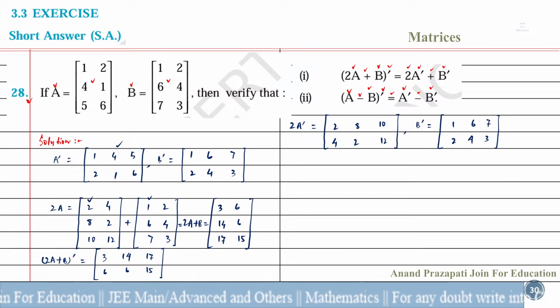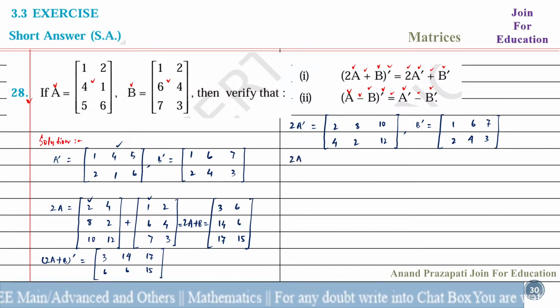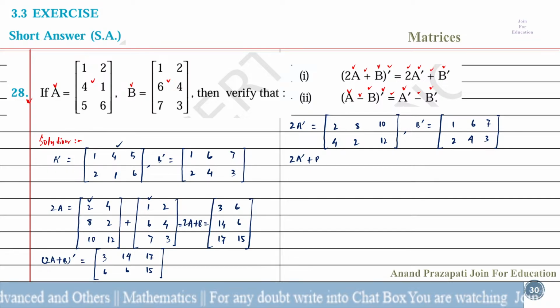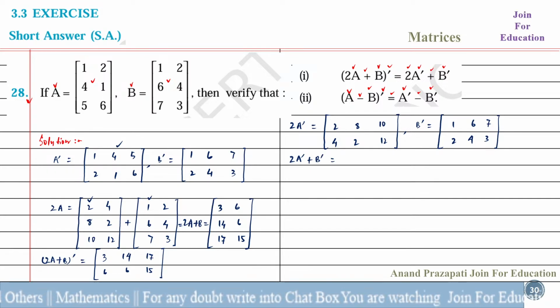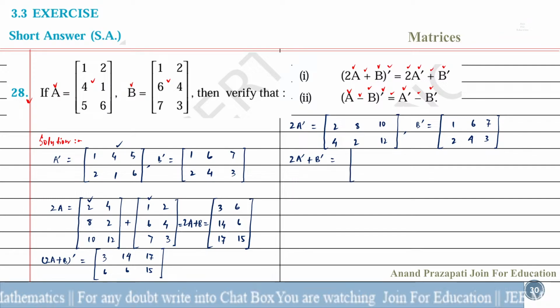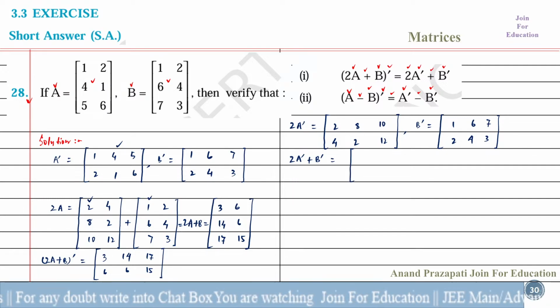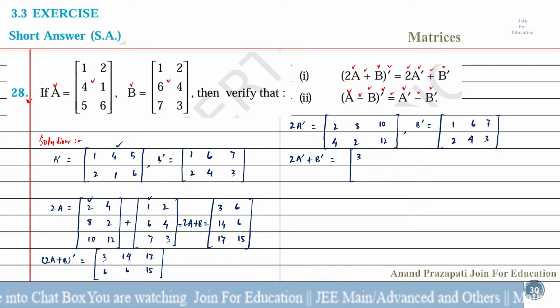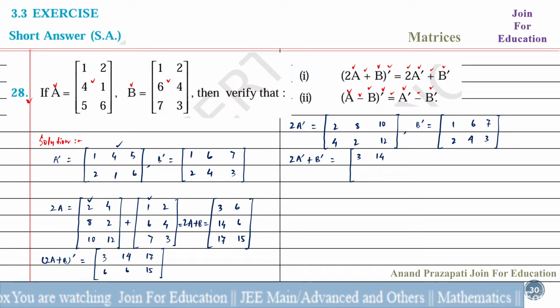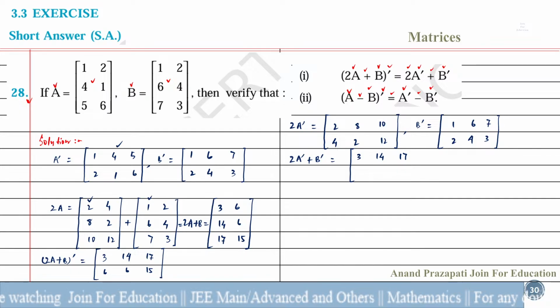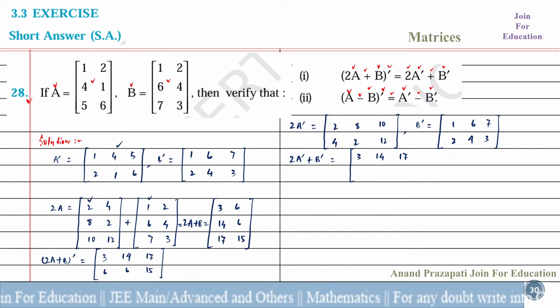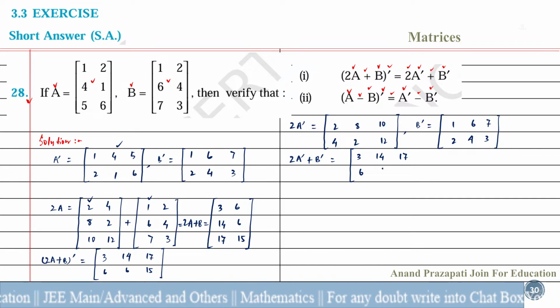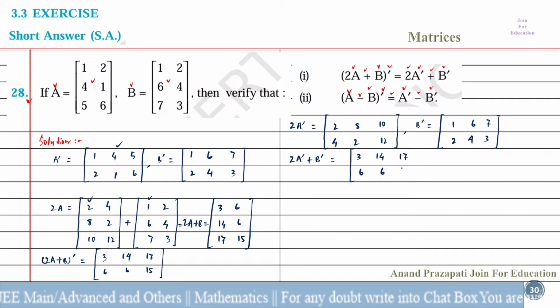Therefore, 2 times of the transpose of A plus transpose of B equal to here will be 2 plus 1, 3, 8 plus 6, 14, 10 plus 7, 17, 4 plus 2, 6, 2 plus 4, 6, 12 plus 3, 15.